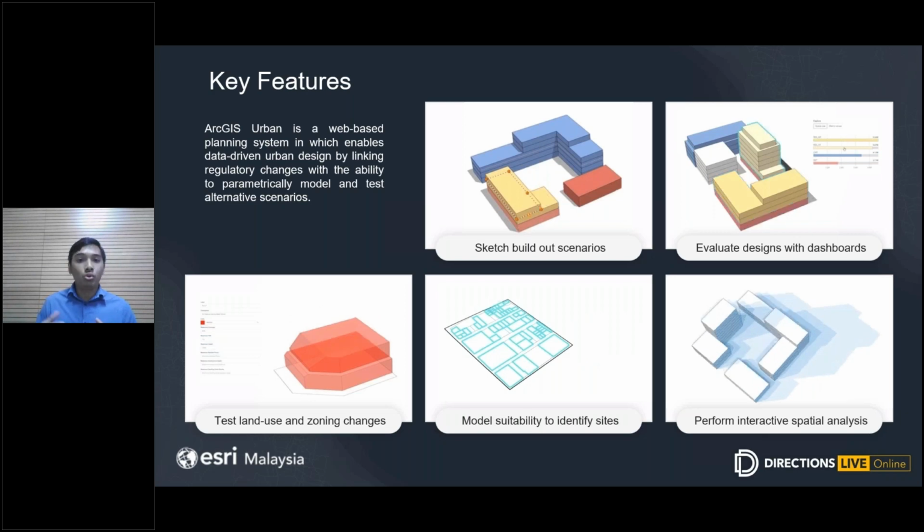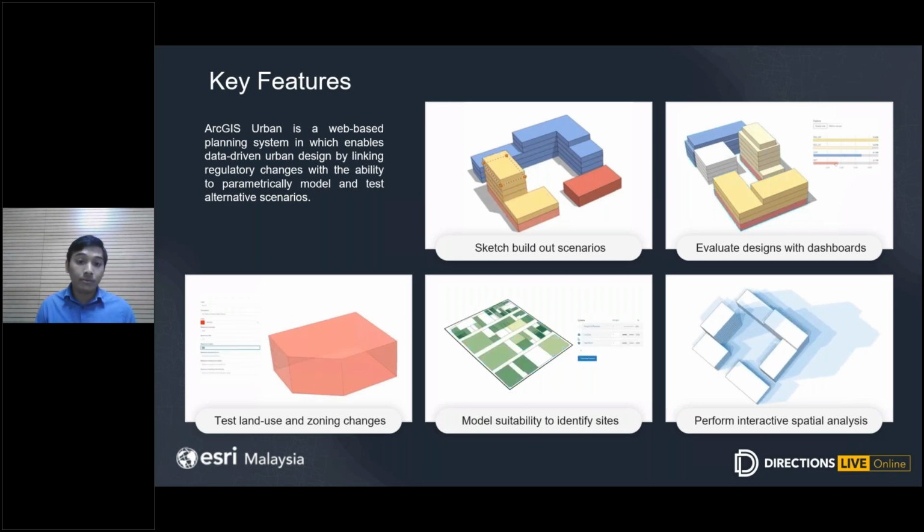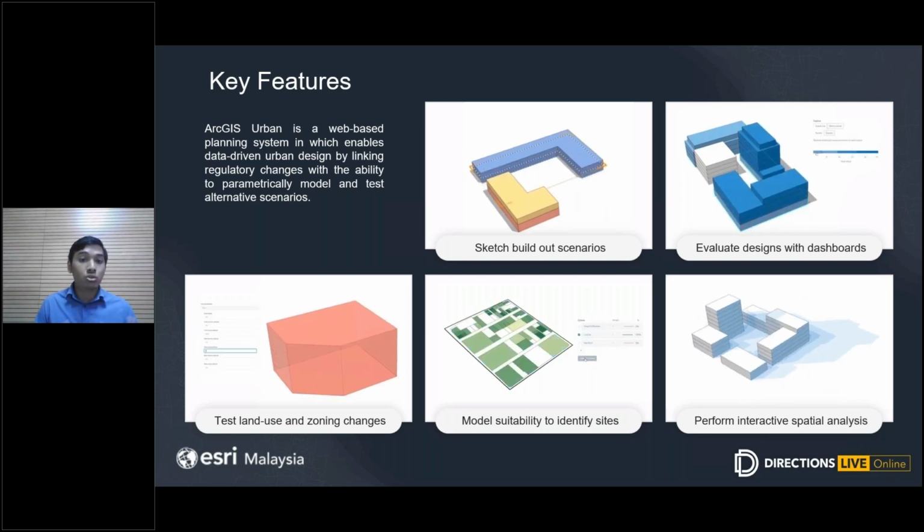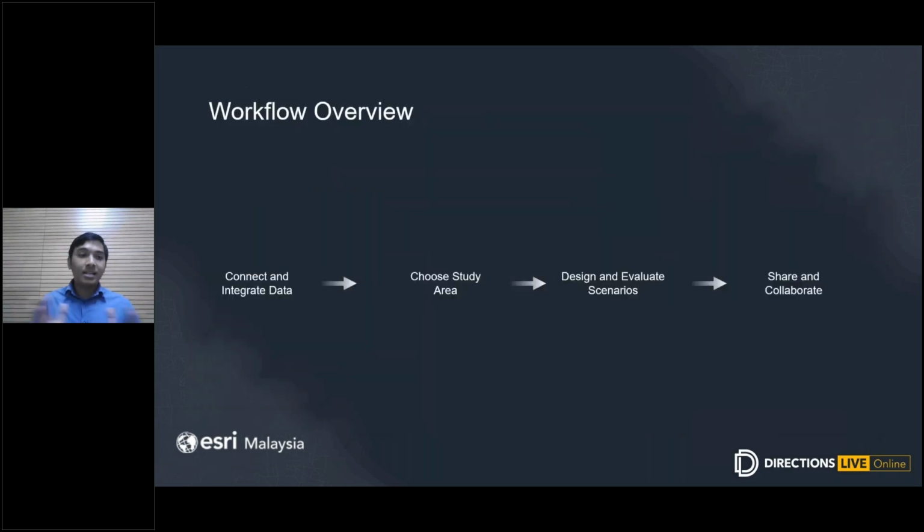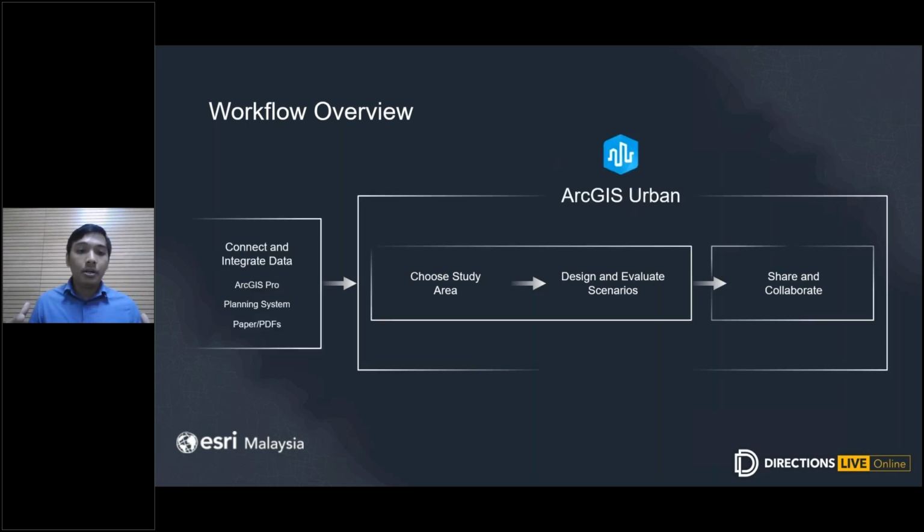For example, if you want to do a shadow analysis or a line of sight analysis, you can also conduct that from this ArcGIS Urban platform. So here is the general workflow overview on how you do things in ArcGIS Urban. First, you connect and integrate, then you choose the study area, design and develop scenarios, and share and collaborate. In terms of connecting and integrating data, you can use your existing planning system.